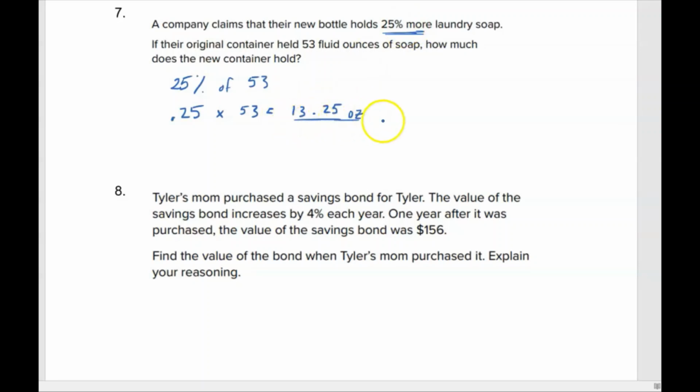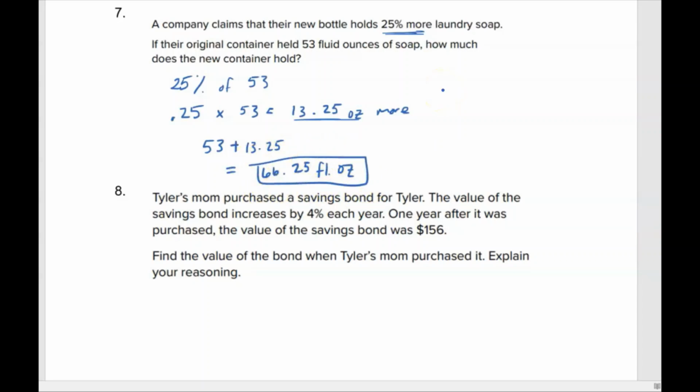This represents how much more is going to be added. So to find my total, I have to take that amount and add it to my original amount. So 53 plus 13.25 gives me a total of 66.25 fluid ounces.